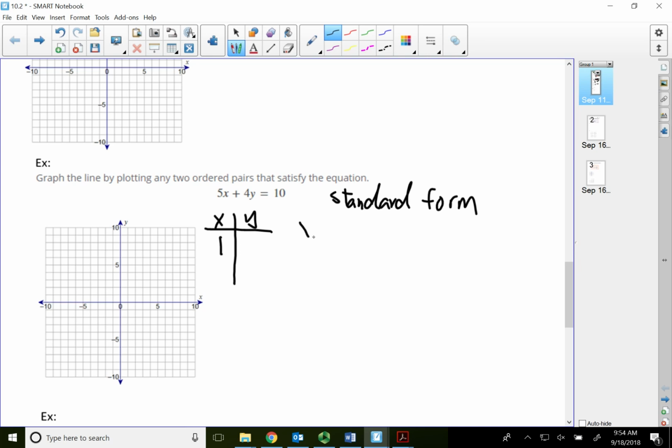So when x equals 1, let's substitute: 5 times 1 plus 4y equals 10. 5 times 1 is 5, plus 4y equals 10. When I choose x to be 1, my missing coordinate is y, so let's solve for y.